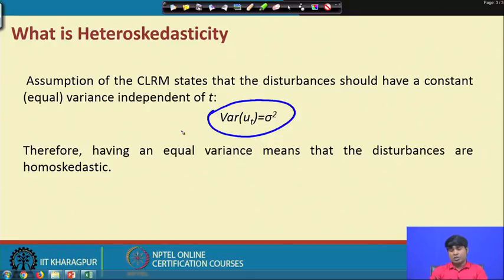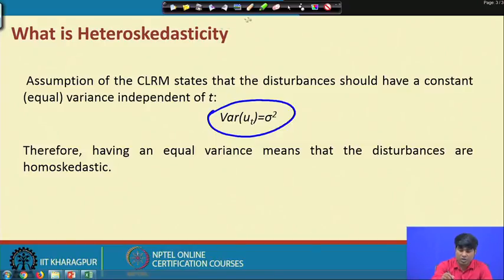If that is not the case, then the variance of u t is equal to sigma square i, and that clearly differentiates the understanding of homoskedasticity and heteroskedasticity.